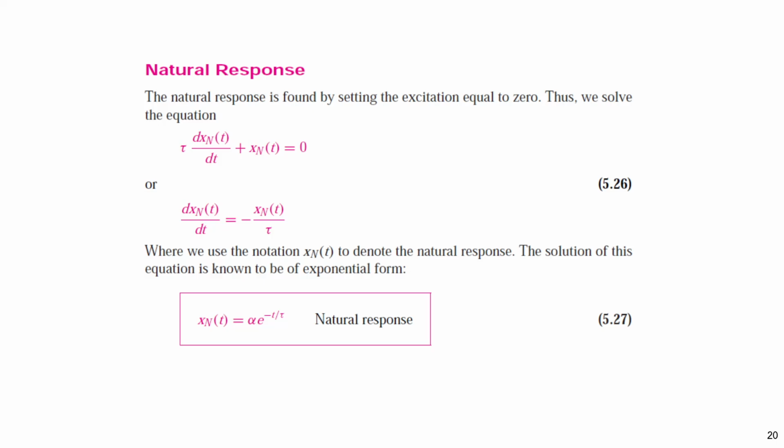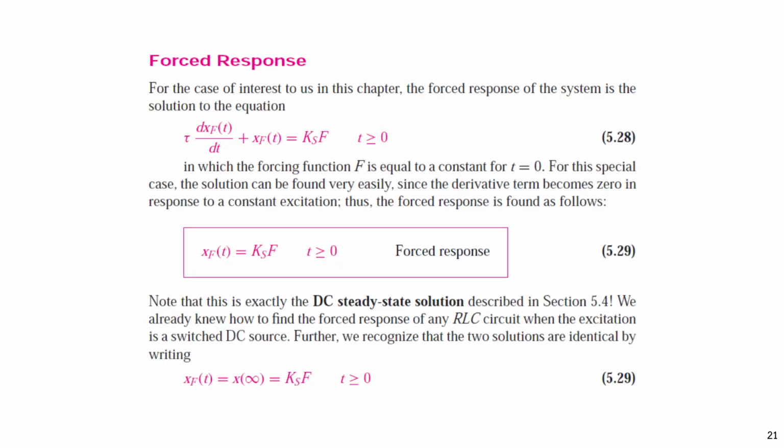So the natural response is we keep the right hand side at 0, right? And then we get this natural response. And for forced response, we just take this equation with time t going to infinity, there's no change anymore.